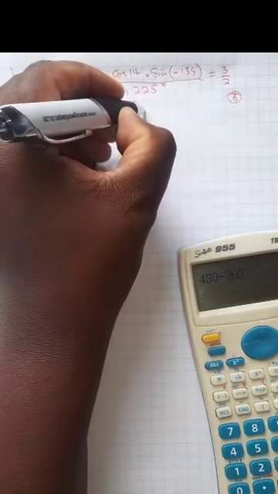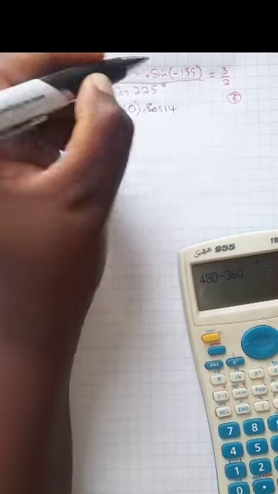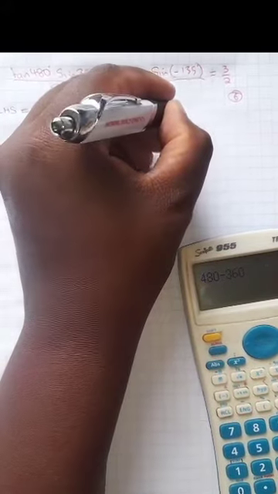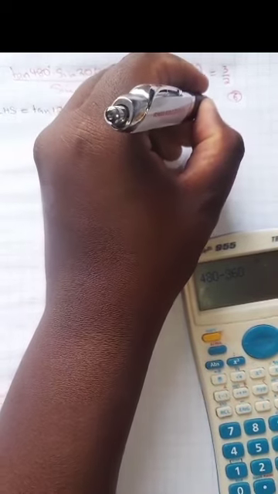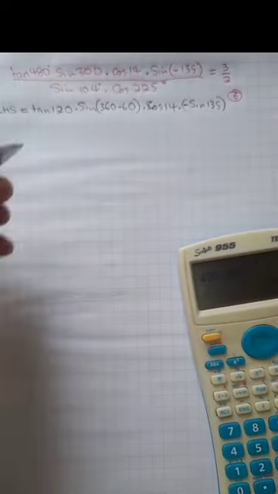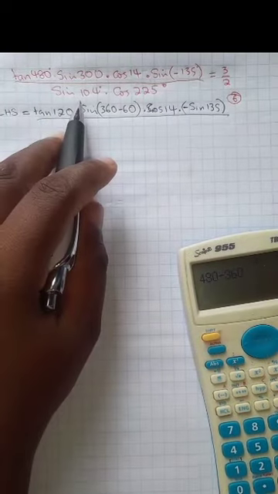And then this one is an acute angle. Leave it as it is, cos 14. And the last one, you need to take the negative out to make it sine 135. And this is all over 104.